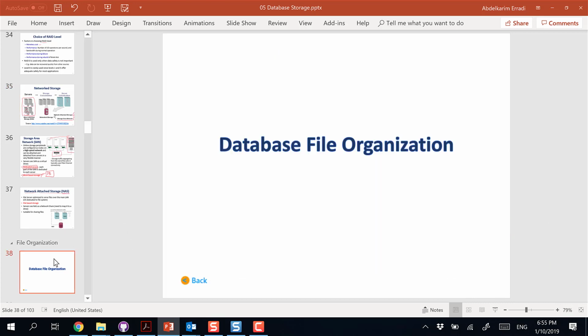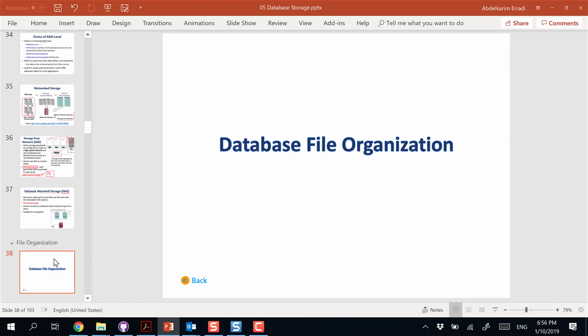Now for database file organization, we will open the storage engine and see how it really works and how it stores the actual data in files. In a database, there is no magic. We still have files, but these files happen to be managed, and we read and write to them in very smart ways.